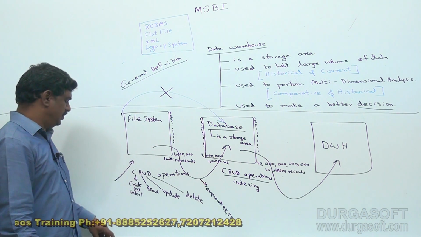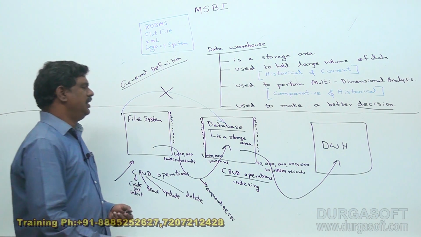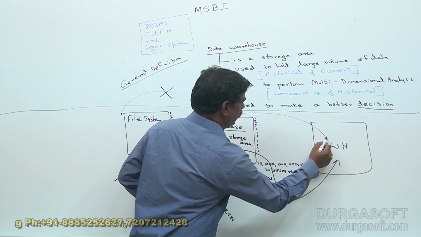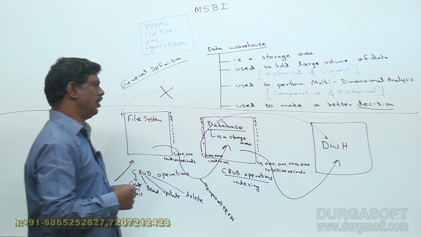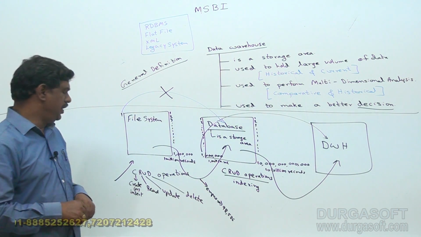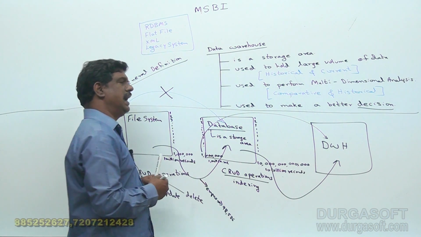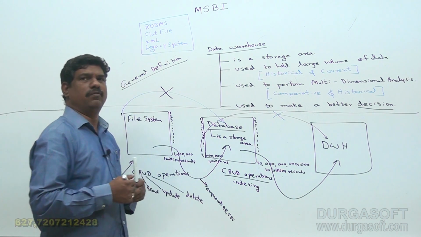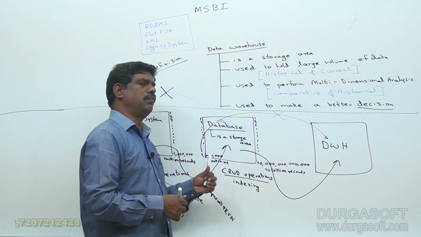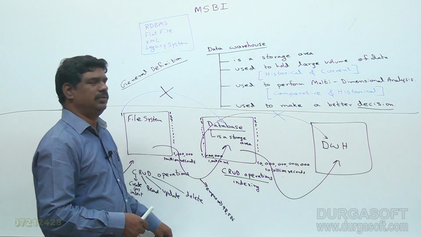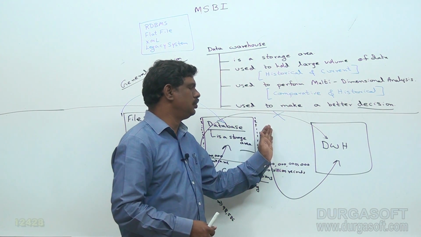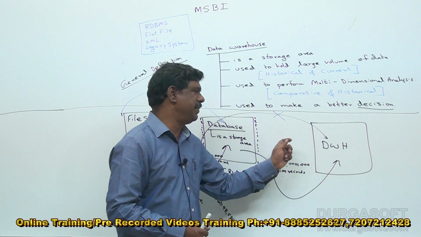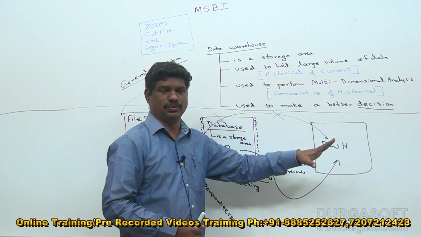Same way, is it advisable to switch to a data warehouse if you have 1 million records? It is not at all advisable. If you have 1 million, 10 million or even 1 billion records, it is not necessary. There is no necessity to switch to a warehouse system. Why?